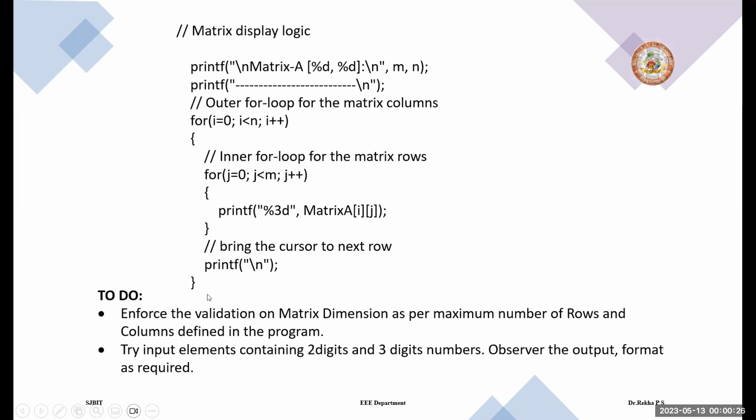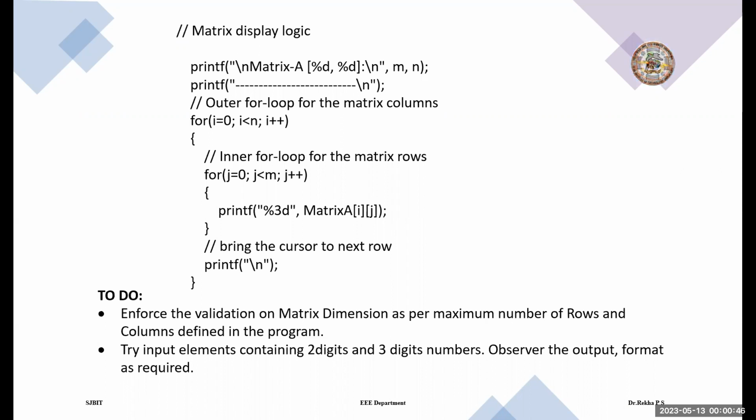Some exercises have been given. Once you practice this and understand the logic here, you can enforce validation on the matrix dimension as per the maximum number of rows and columns defined in the program.